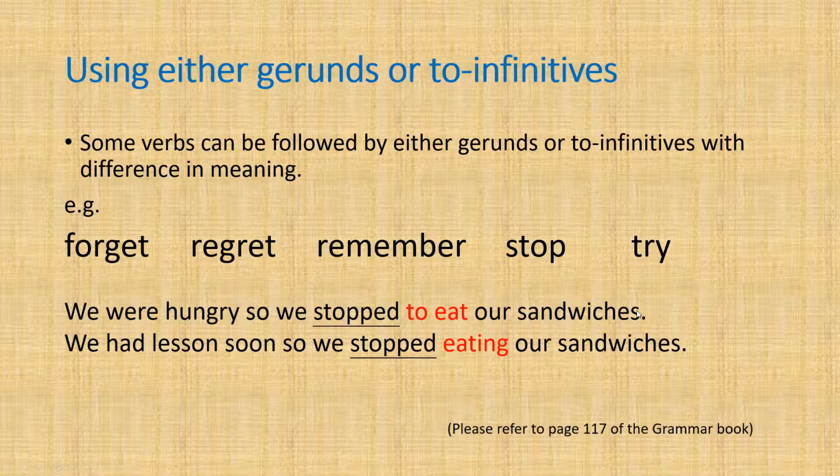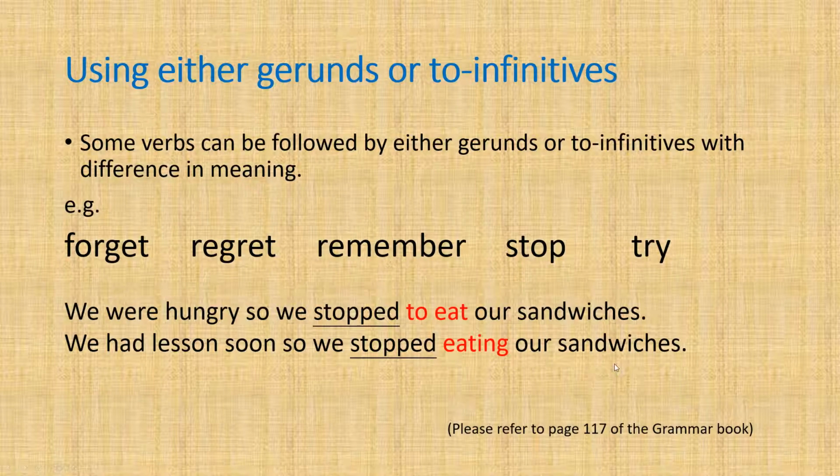So what is the difference between these two sentences? If you use to, that means we were hungry, so we stopped to eat our sandwiches. That means you stop doing something, then continue, or you start to eat your sandwiches. Alright? On the other hand, the next example, we had a lesson soon, so we stopped eating our sandwiches.